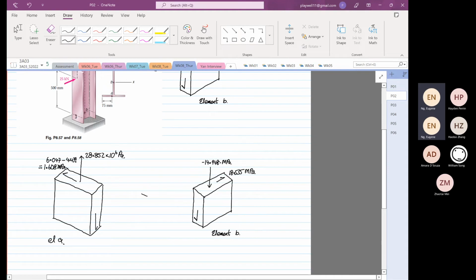So this is still our X. This is still our Y. And this is still our Z for both.